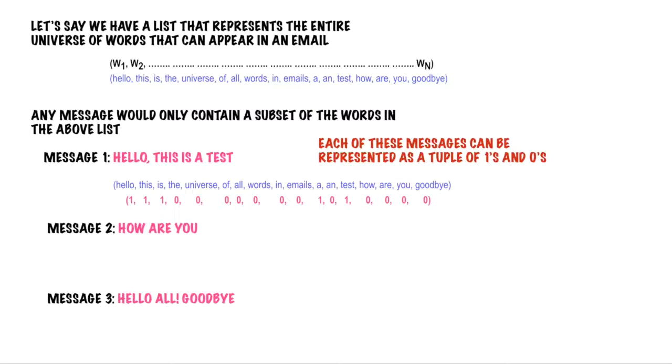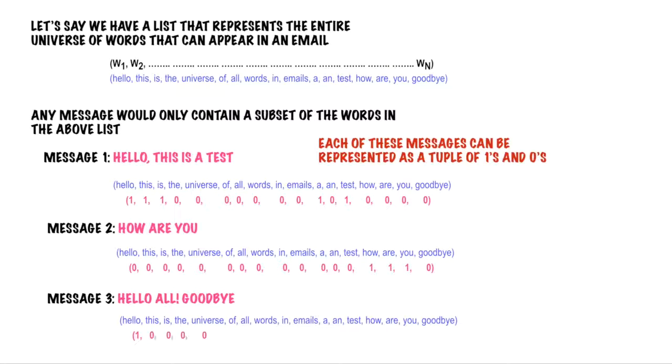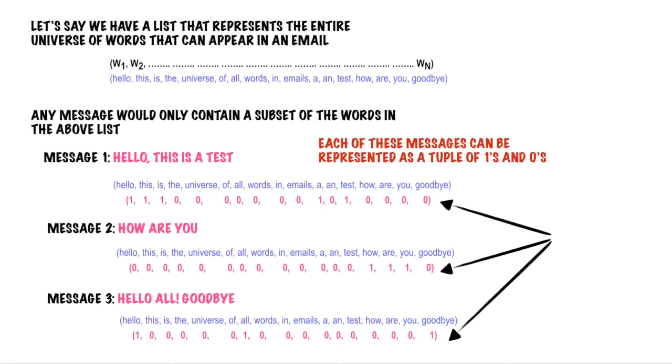Since this email contains the words hello, this, is, a and test, the 5 of these elements are marked as 1 and the rest are marked as 0. This is how you can represent any email message as a tuple of ones and zeros. Let's see a couple of other examples. As you can see, we only use 1 when the word appears in the email and 0 when the word doesn't appear in the email.